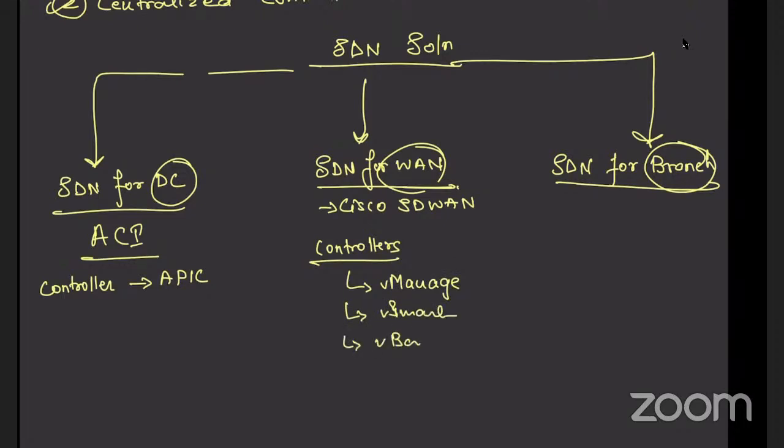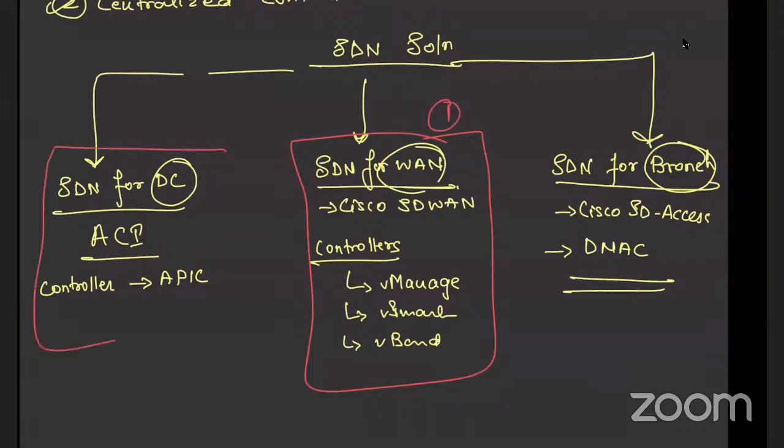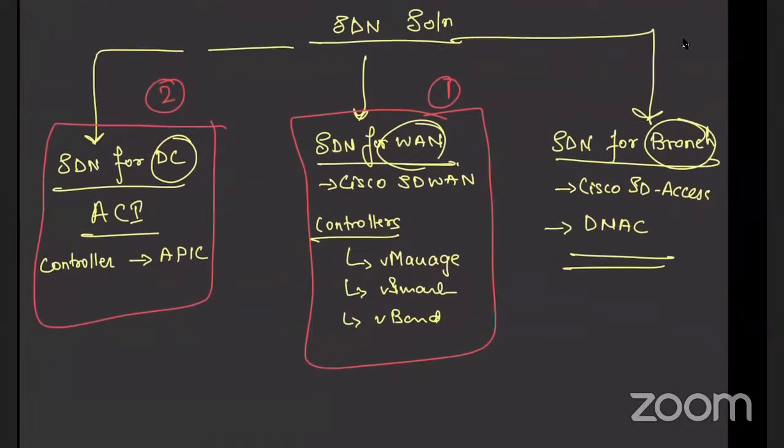We're going to discuss what these controllers are. The solution for your branch is going to be Cisco SD-Access, and the controller is going to be DNAC. So let's first talk about SD-WAN, then we're going to talk about ACI, and then we're going to talk about the NEXUS part.